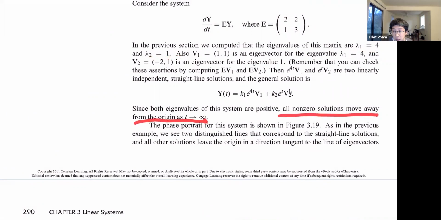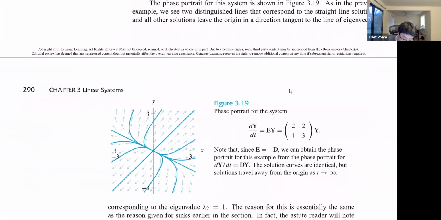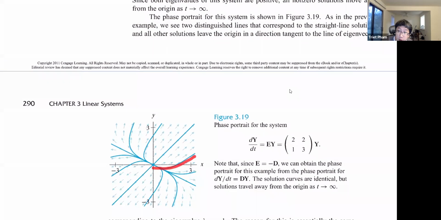So what they mean is that the origin is where you start, but that starting point is like t equals minus infinity. But then there is that taste, so move away from the origin. But which direction does it move away from?